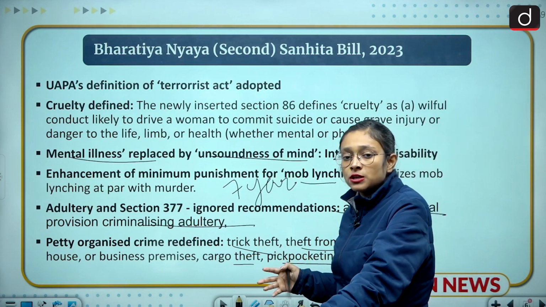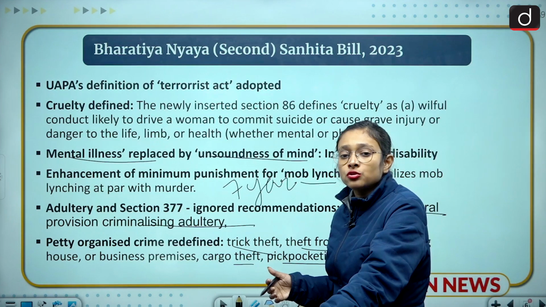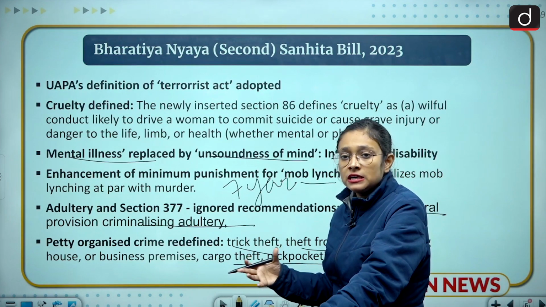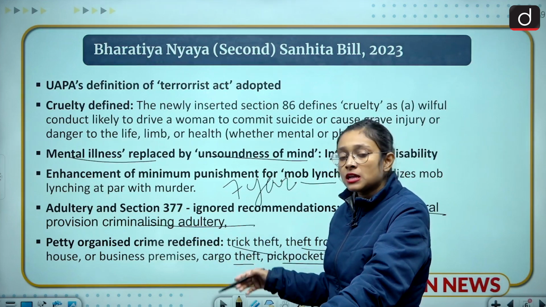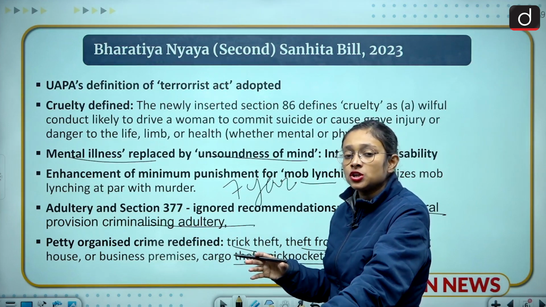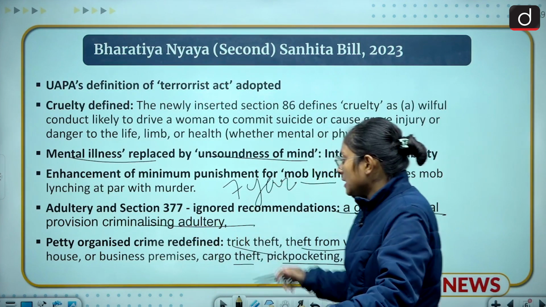So they have used particular terms, so that not just any looting of any kind is called a petty crime. Now they have given a particular definition, and a few words to define petty crimes.